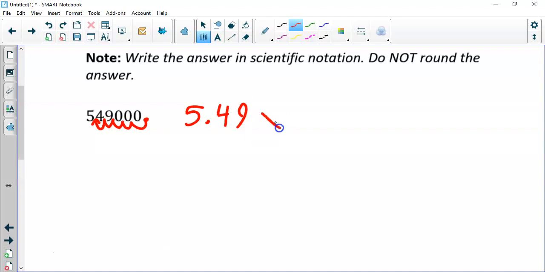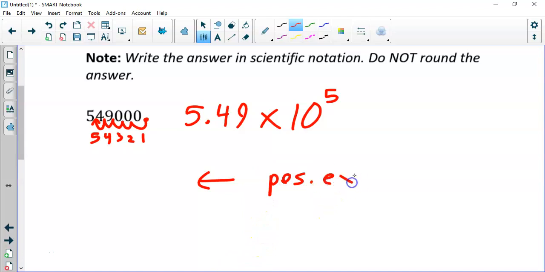Now, this will be times 10 to the 5th power, because that's how many times I moved my decimal. 1, 2, 3, 4, 5. And whenever you move to the left, it is a positive exponent. If I was moving my decimal to the right, it would have been a negative exponent.